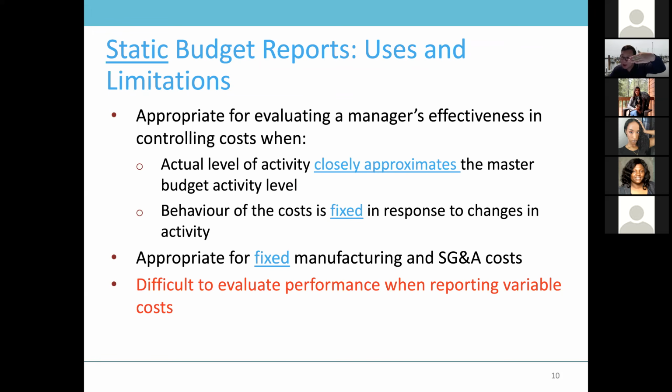Because variable cost really depends on the level of the activity, right? And the static budget report only deals with a single level of activity, right? So therefore, the use is really about if you are dealing with a report of a fixed cost, for example, a fixed manufacturing overhead cost, a fixed selling and general cost, so that would be appropriate, right?